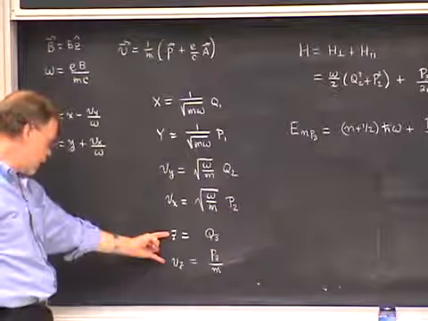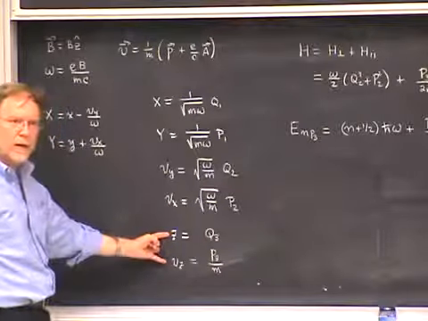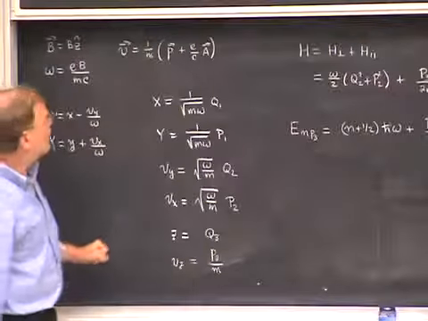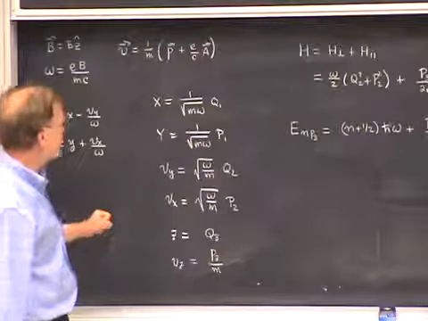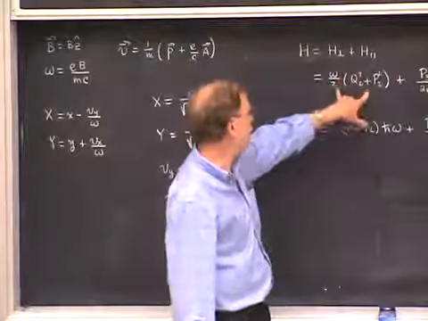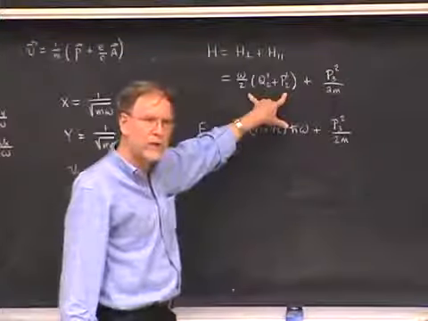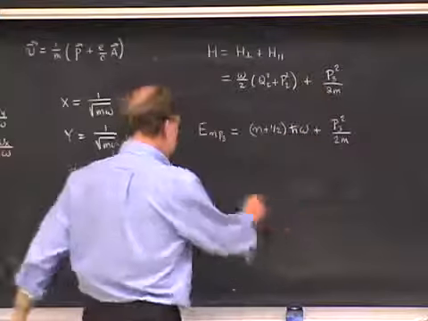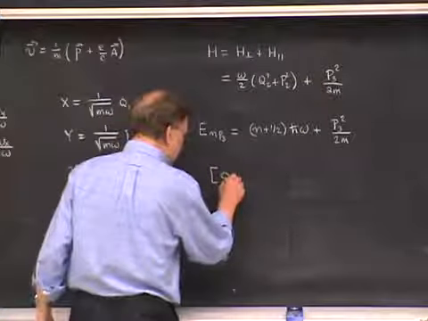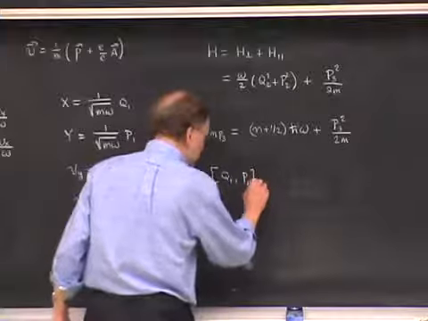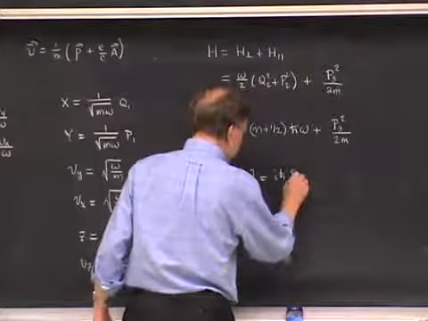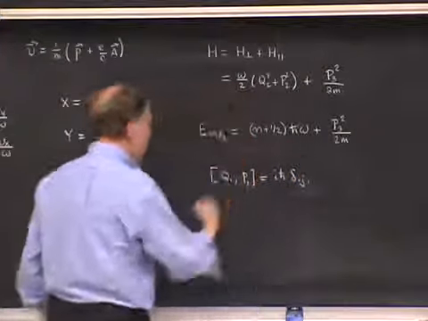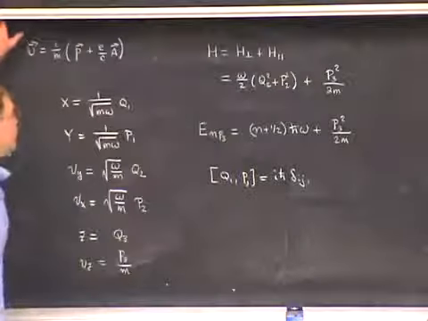And the third degree of freedom is the z and pz in the parallel direction. So h perp only involves number 2, whereas h parallel involves number 3. They commute with each other because the commutation relations are [qi, pj] = i h bar delta ij, so the commutators are 0 for different degrees of freedom.